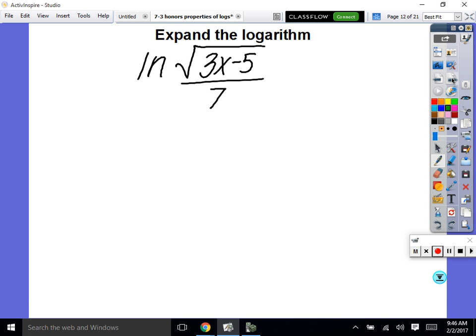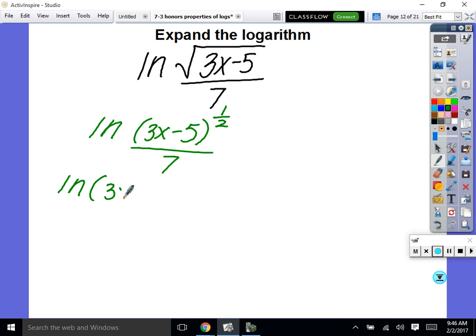So let's rewrite this one. This is really ln of 3x minus 5 to the 1/2 power, correct? Divided by 7. So now we can split it up. So we have ln of 3x minus 5 to the 1/2 power, right? When you divide, then you subtract.